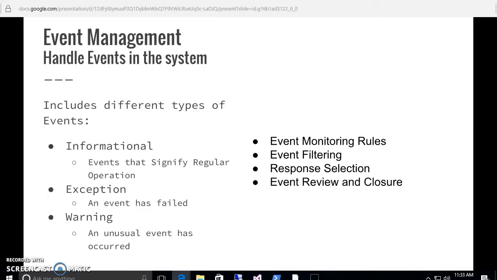Event filtering makes sure that informational events that have no warnings are ignored and that exceptions and warnings are reported. Response selection interprets the meaning of the event and selects a response if required. And then event review and closure makes sure the event has been handled properly and will be closed. This can also be used to analyze trends and patterns to anticipate warnings and exceptions.